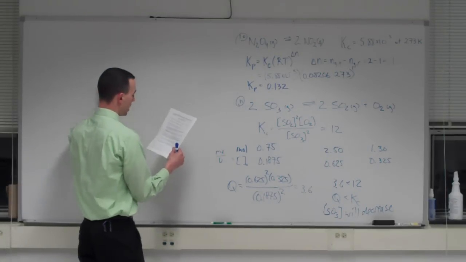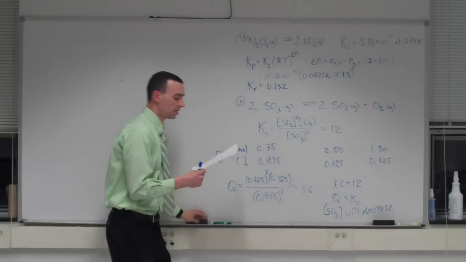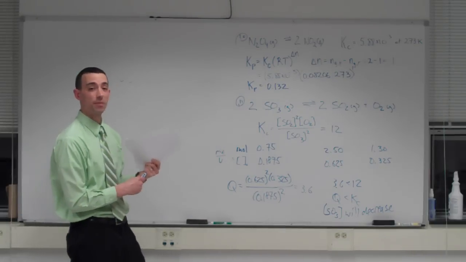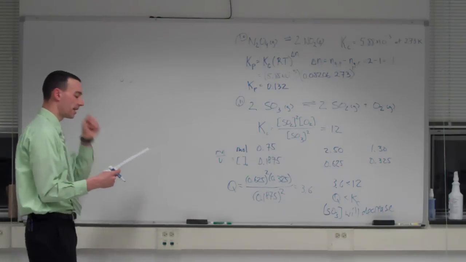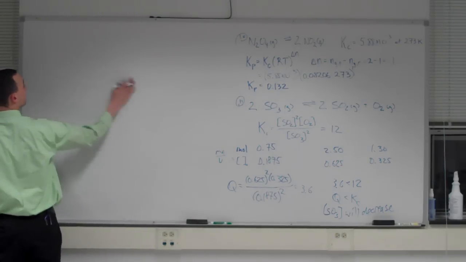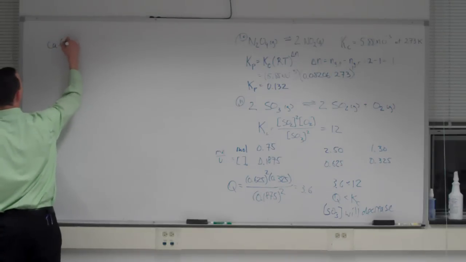Okay, the remaining problems in this chapter deal with the types of equilibrium reaction tables that we were so used to seeing in this chapter. So number 12 looks at the equilibrium of calcium iodate.